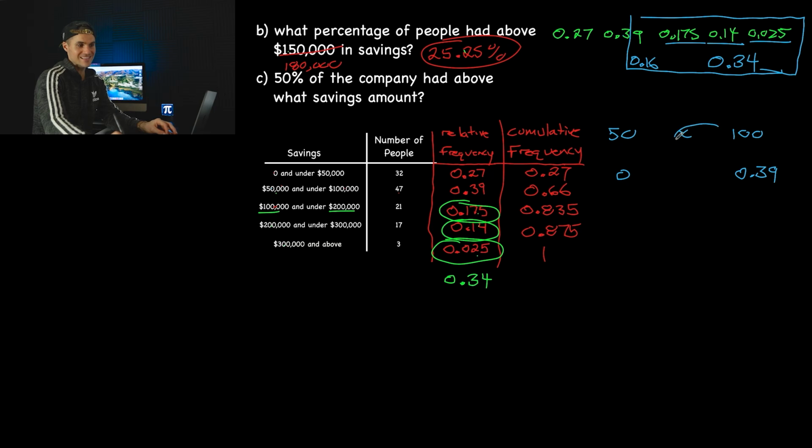So you got to be careful because this has to be 0.16. So 0.39 minus 0.16 would give us 0.23, right? So here, this amount right here and this amount, they have to be proportional.